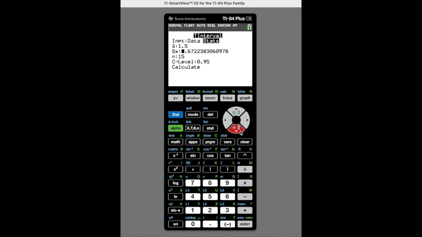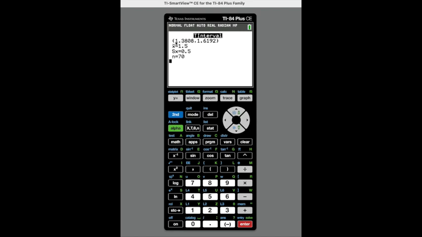Under my sample standard deviation, we had 0.5. Our sample size was 70. And we did a confidence level of 95%, so we put that in as a decimal, 0.95. Then I hit the calculate button, and it should come up on your home screen with all the information.